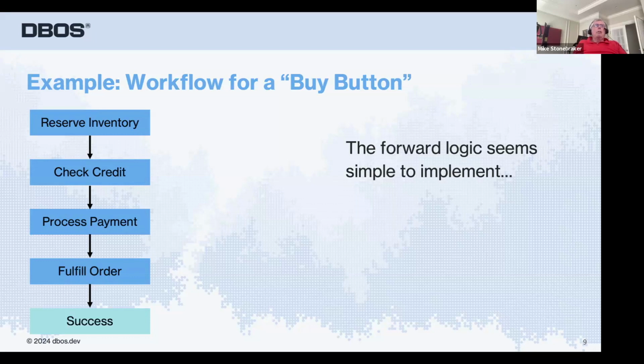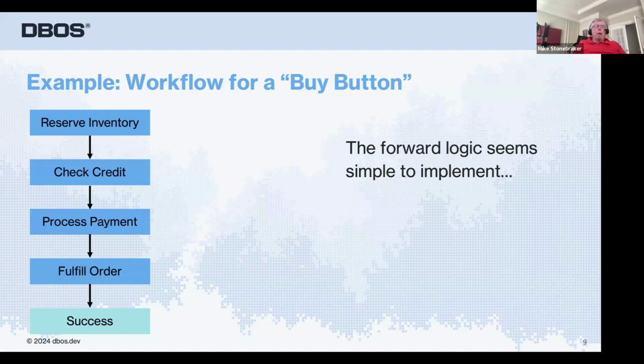So assuming that the inventory is there, then you check the customer's credit to see if you want to do business with him. Assuming that's okay, you then take his money to pay for the 3 widgets.